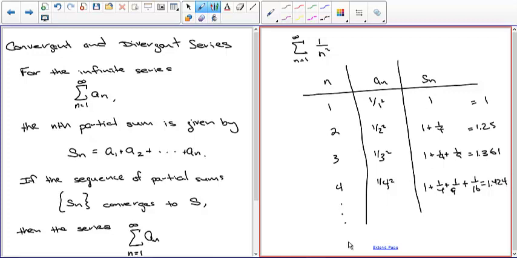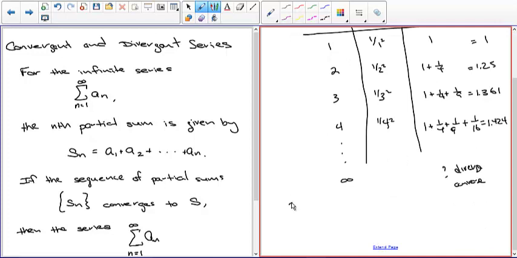Now if I went down to infinity, the question is, does it diverge or converge? So a sequence is a set of numbers.